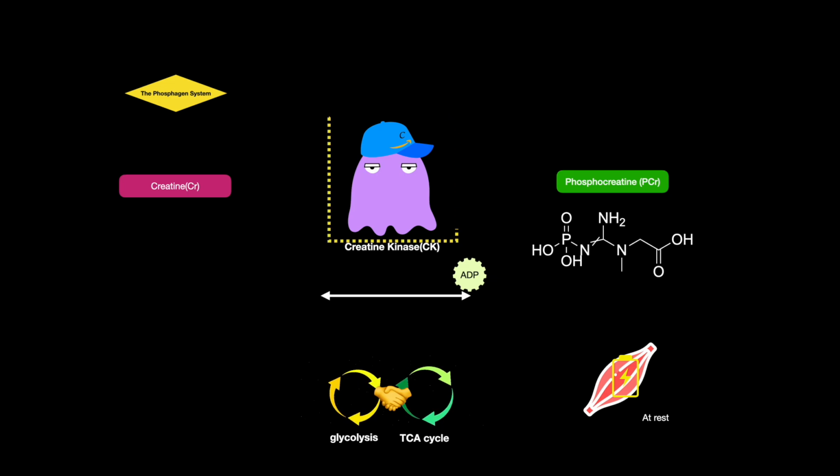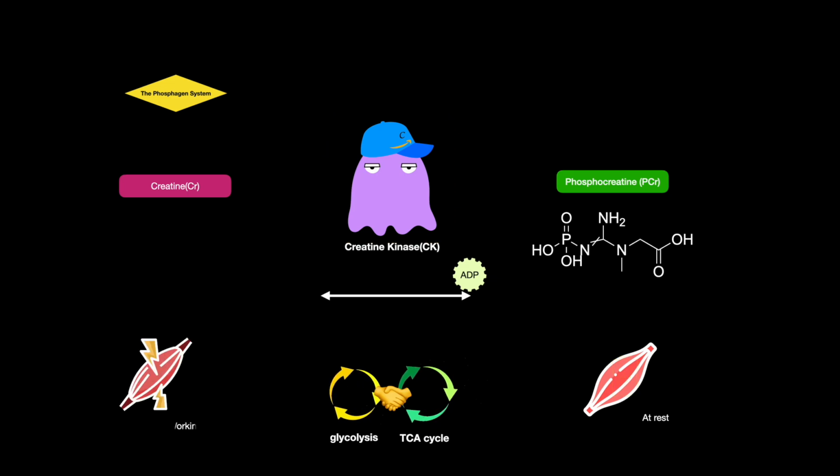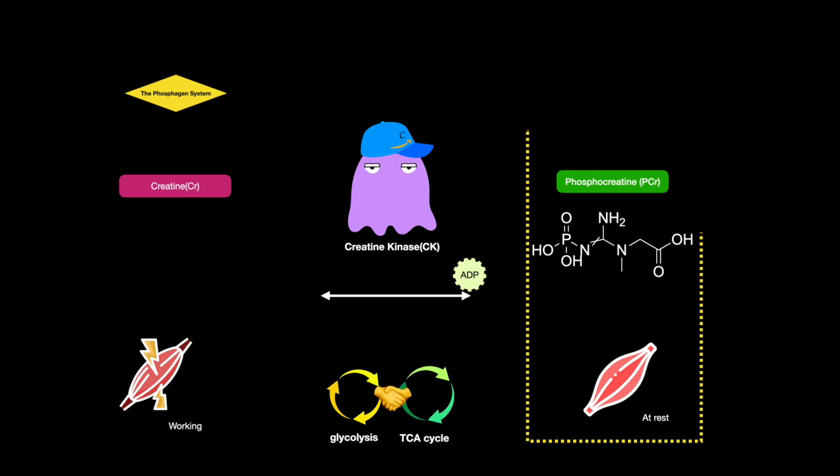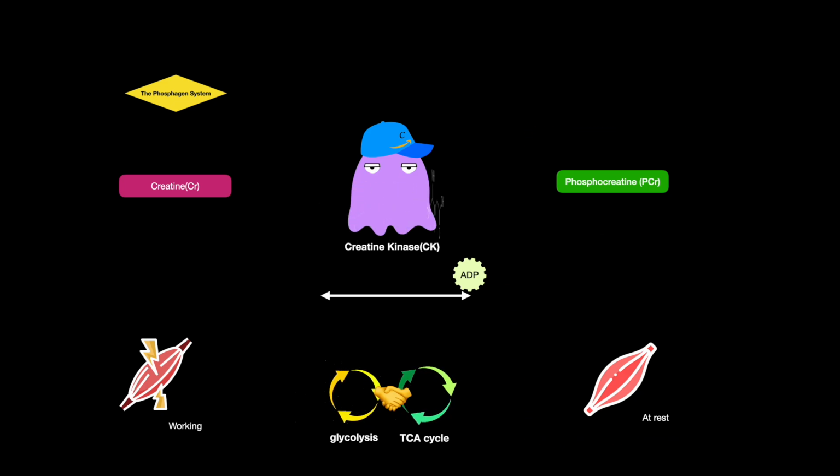During intense, short-duration exercises, muscles rely heavily on phosphocreatine to provide instant energy. The phosphate group from the phosphocreatine transfers back to ADP to make ATP, and this ATP is used for myosin muscle contraction.